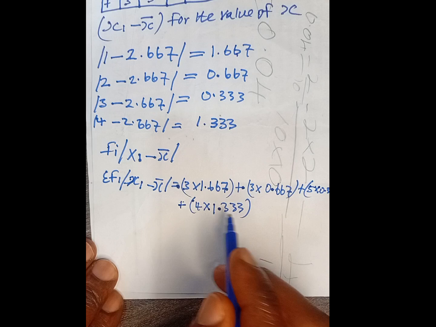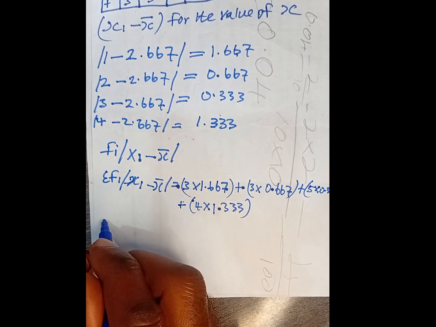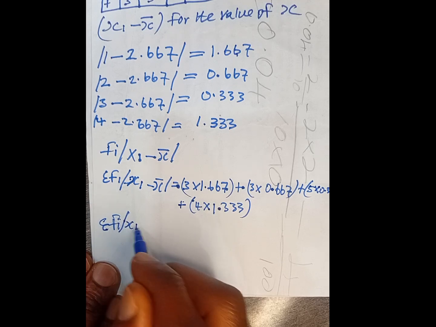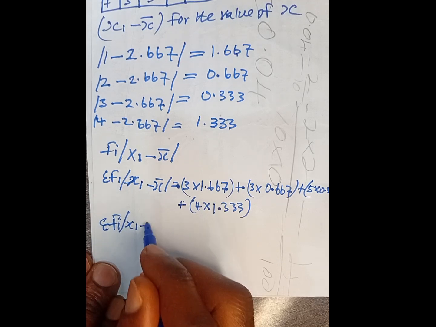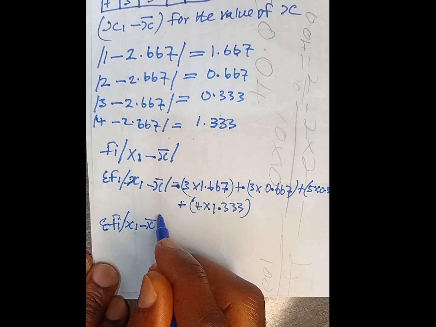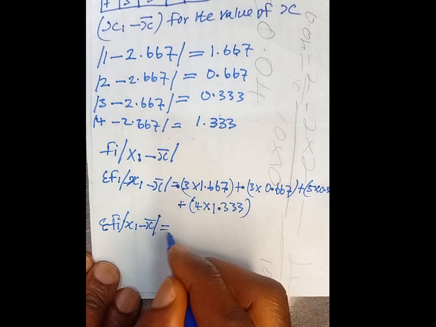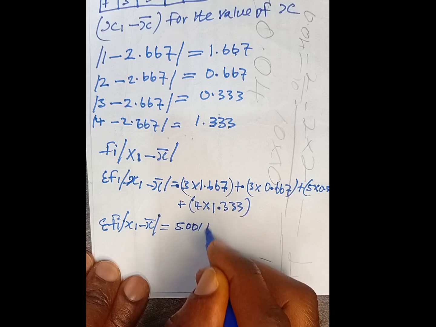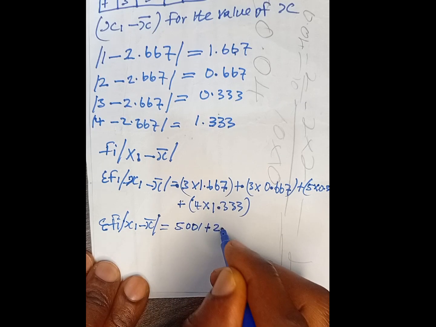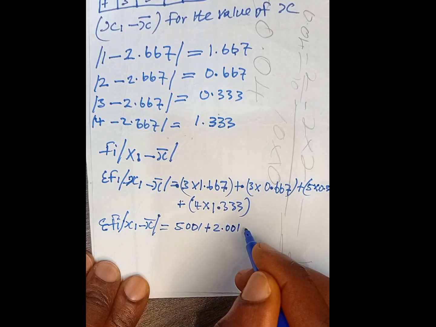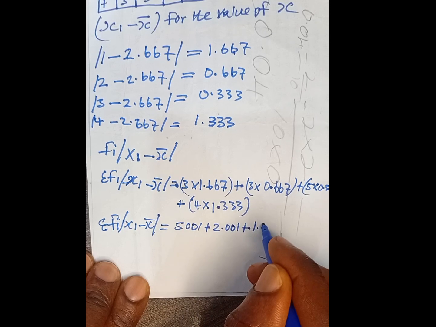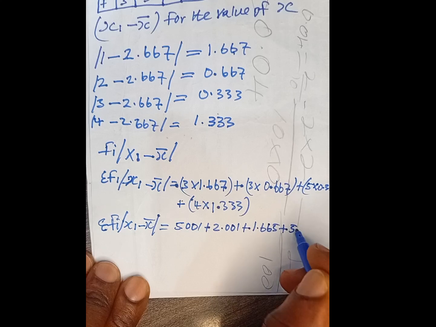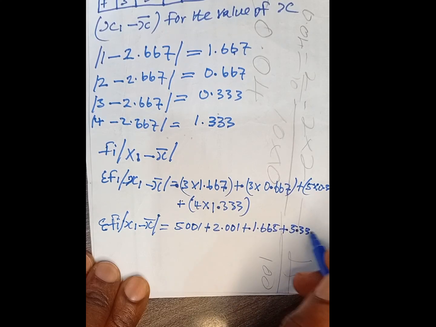Having gotten all these values, we sum them together, which is summation of f1 times x1 minus the mean. This will give us, for the first value, 5.001, plus 2.001, plus 1.665, plus 5.332.